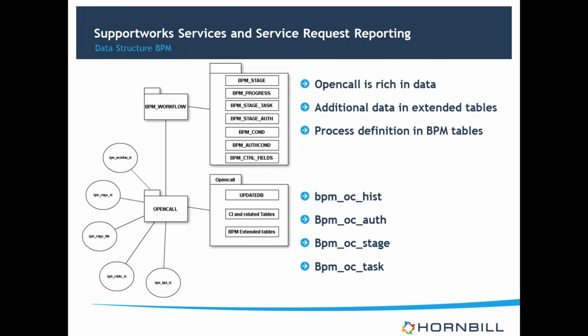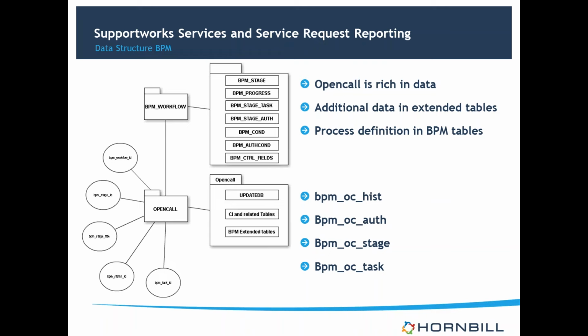And the other thing that you might want is a specific progress or the specific stage that a particular transactional request is currently at. You could also bring back the information about a specific service that's related to a specific process, that's also possible within the BPM tables, but essentially all the transactional information you're going to need is in the open call and related tables.